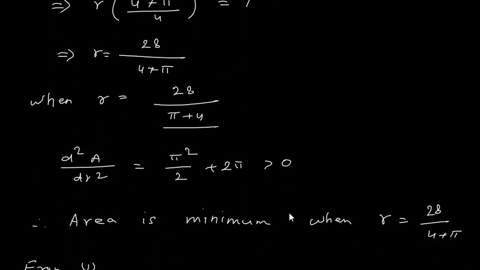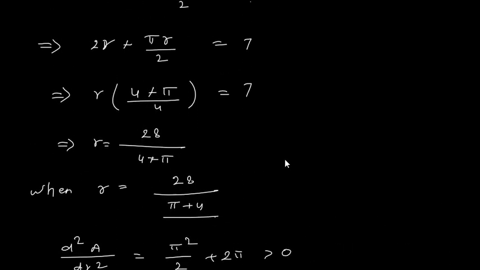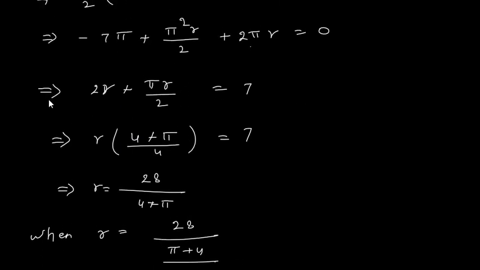Okay, so here r is equal to, now 7 times 4 is 28 upon, okay, before that here 2r plus pi r upon 2. So what we have done here, we have taken r common, then 2 times 4 plus pi whole divided by, here I have written 4. Okay, this is my mistake.